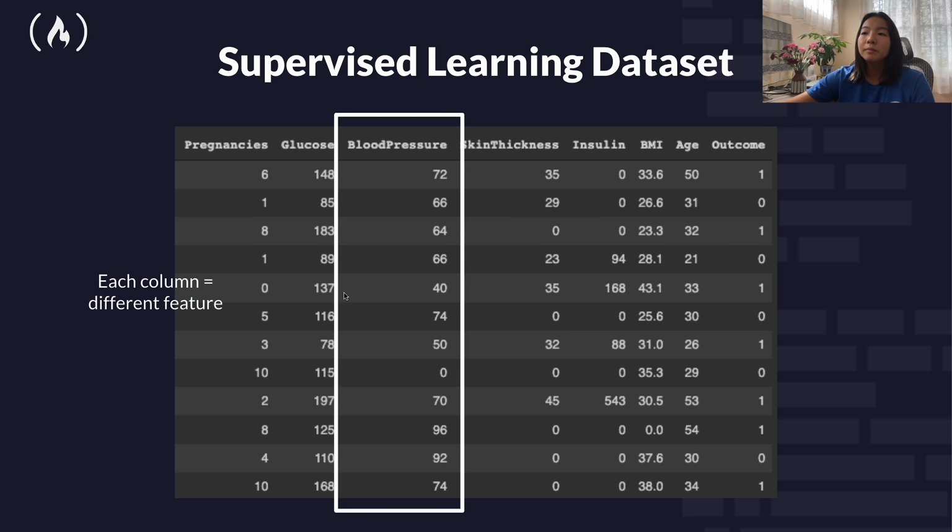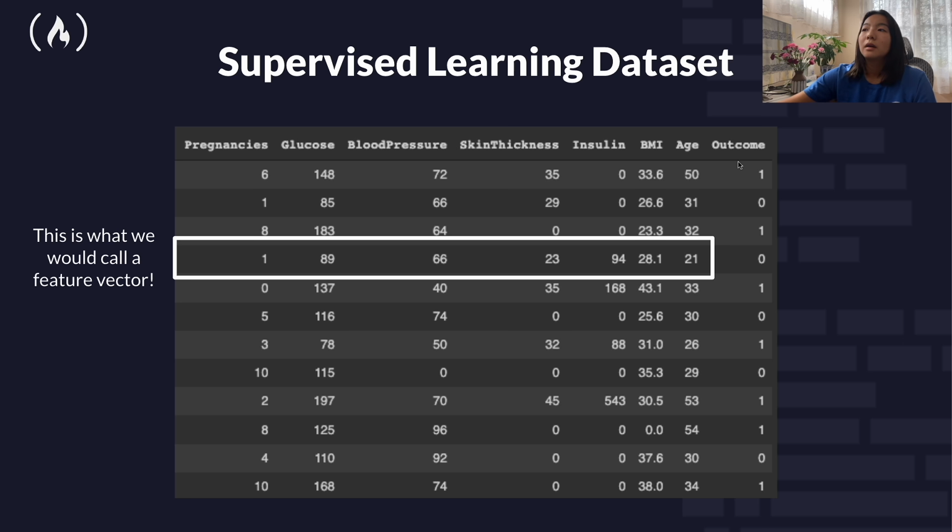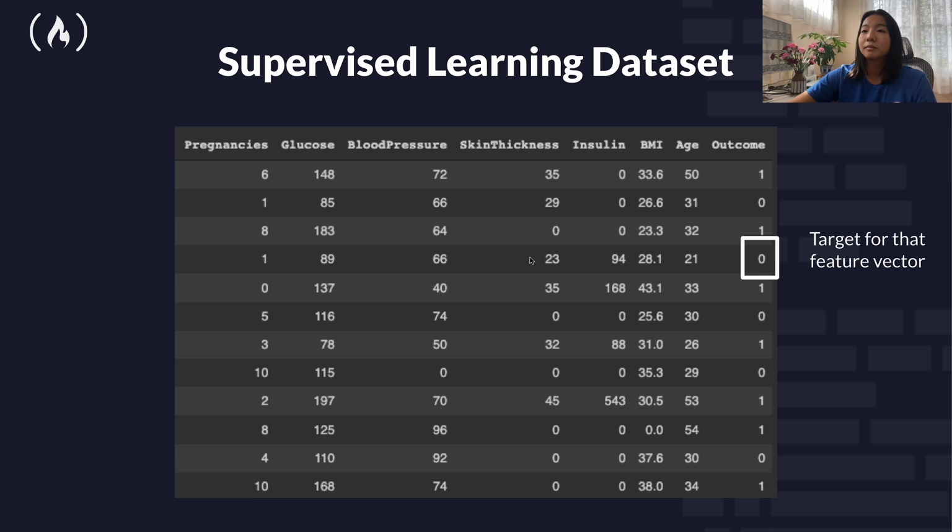Now each column represents a different feature. So this one here is some measure of blood pressure levels. And this one over here, as we mentioned, is the output label, whether or not they have diabetes. And as I mentioned, this is what we would call a feature vector, because these are all of our features in one sample.